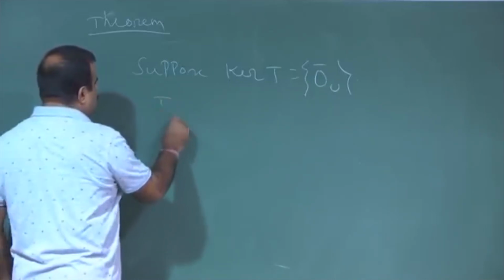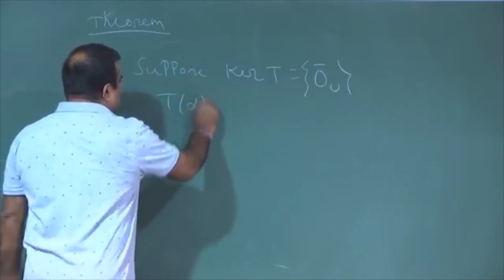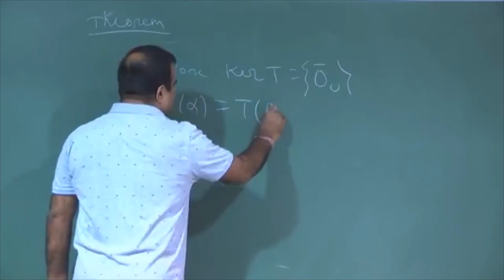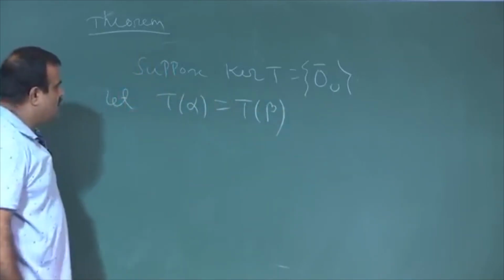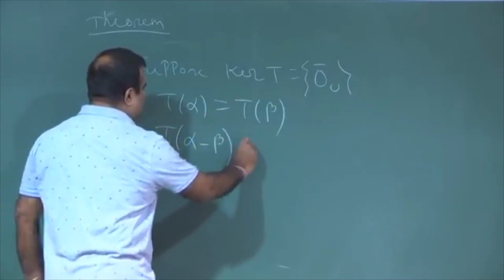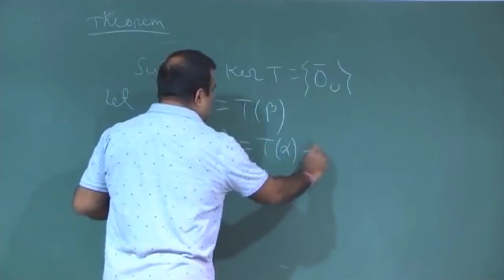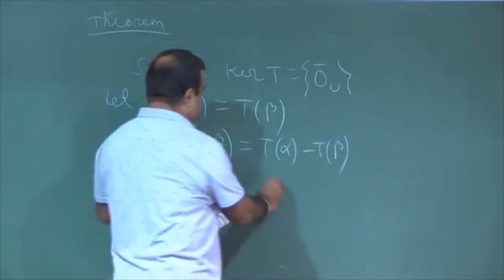We take two vectors alpha and beta and suppose T of alpha is equal to T of beta. Then T of alpha minus beta is basically T of alpha minus T of beta.